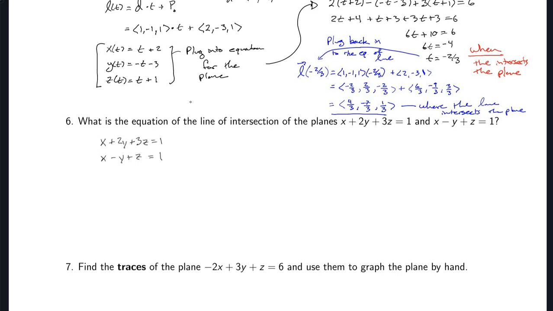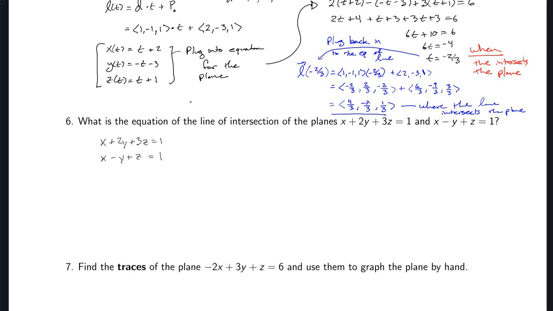We could do this with linear algebra really quickly. It's simply just solve the system of equations that we are given here, and you'll have a direction vector times t plus an additional vector, which is your starting point vector. If you did this using an augmented matrix, you're going to be able to bust out an answer really quick. You just have to introduce a parameter partway through it.